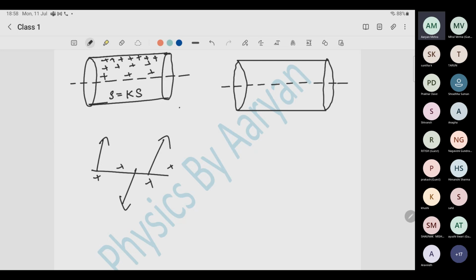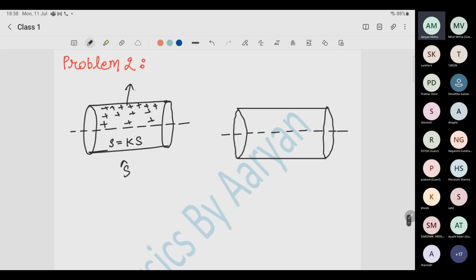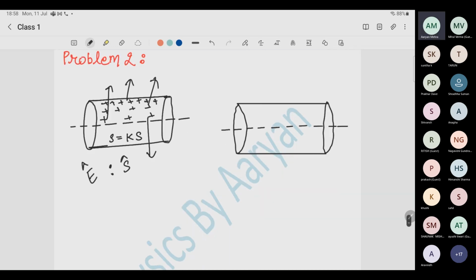It means in the direction axially outward, that is S cap. Now we only talk about three things: S cap, phi cap, Z cap. Now we are talking about the cylindrical coordinate system.